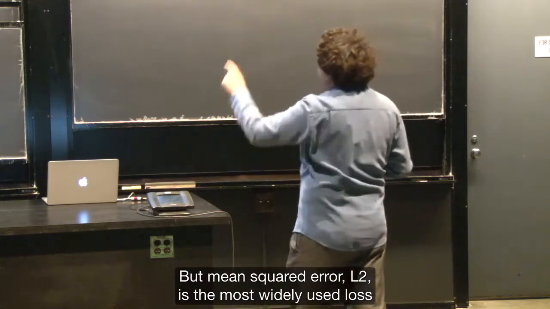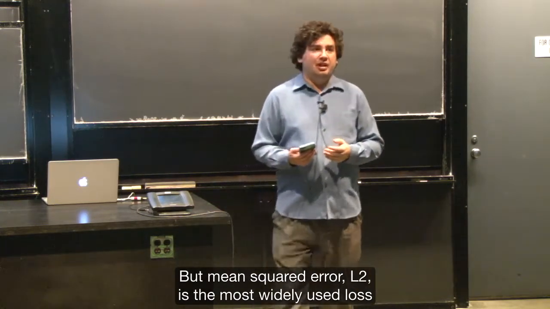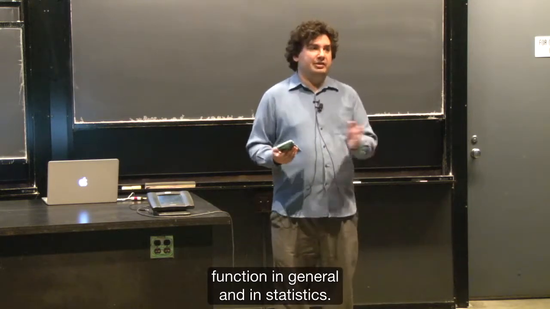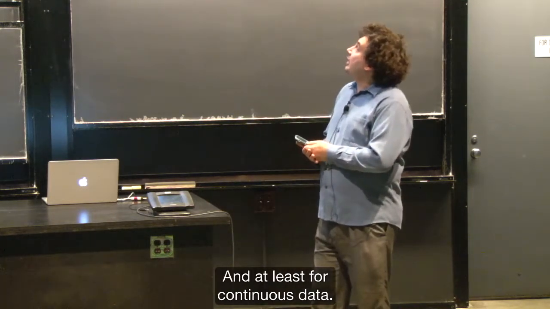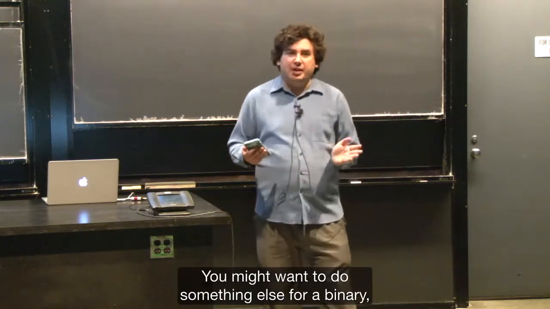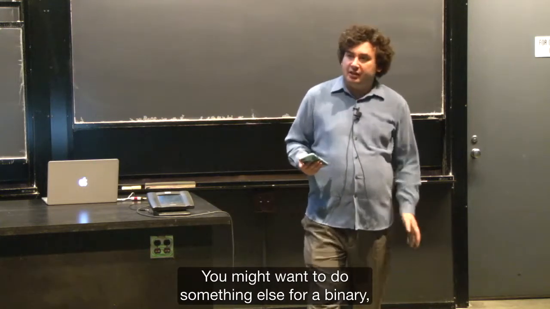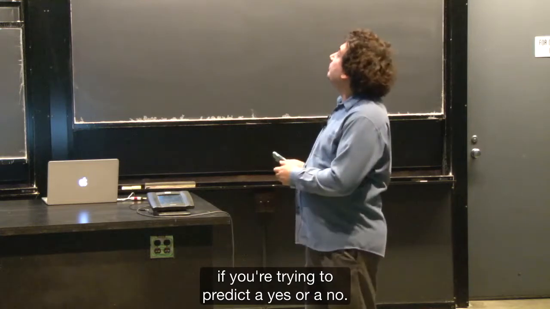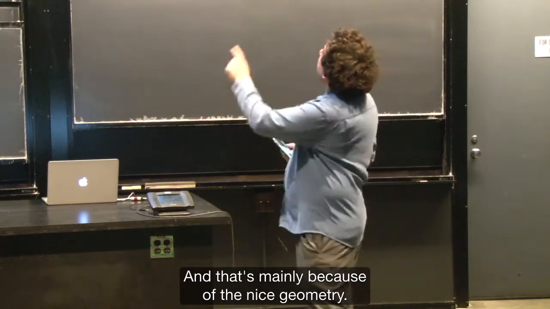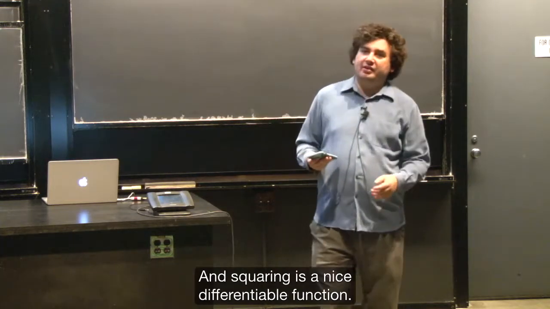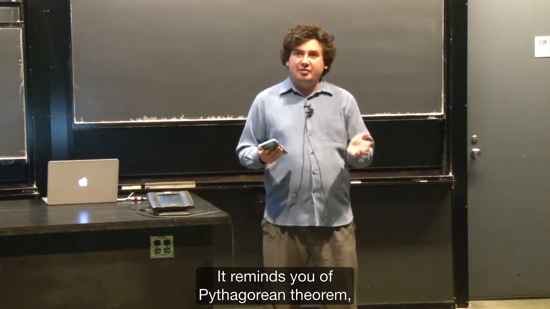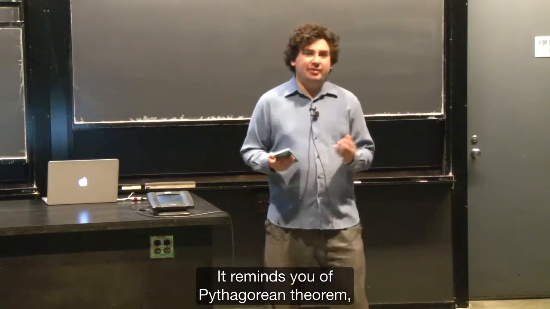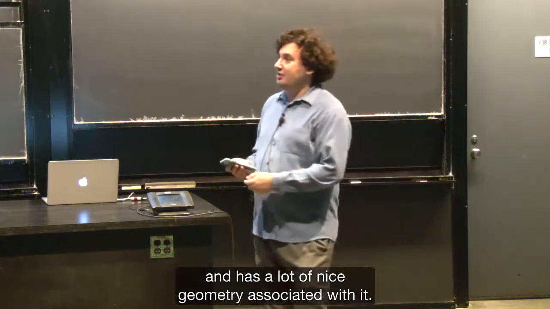But mean squared error, L2, is the most widely used loss function in general in statistics, at least for continuous data. You might want to do something else for binary, when you're trying to predict yes or no. And that's mainly because of the nice geometry, and squaring is a nice differentiable function. It reminds you of the Pythagorean theorem and has a lot of nice geometry associated with it.